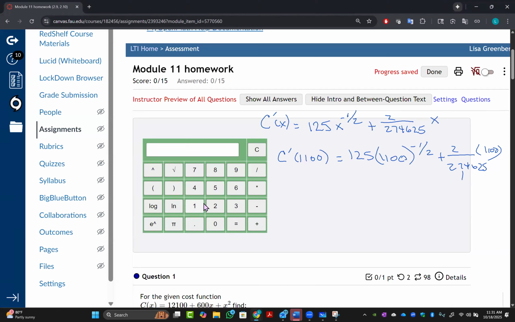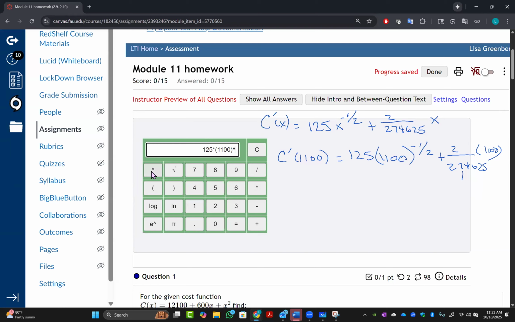So I have 125 times parentheses. Now you won't always have to put parentheses, but please put parentheses around 1100, and parentheses to the power.